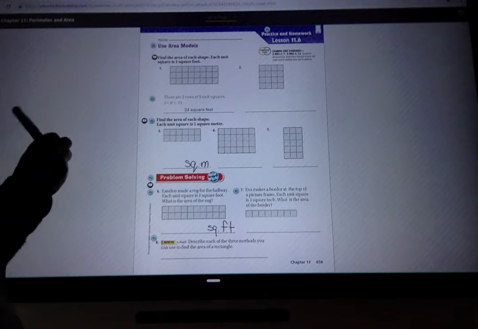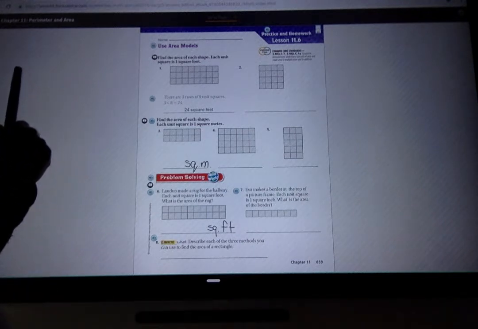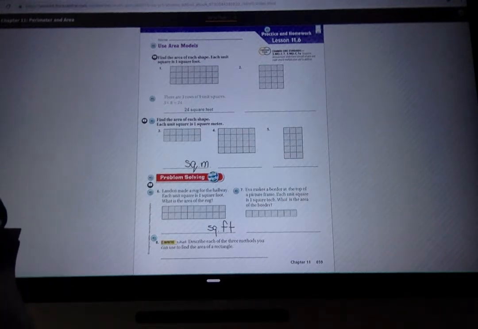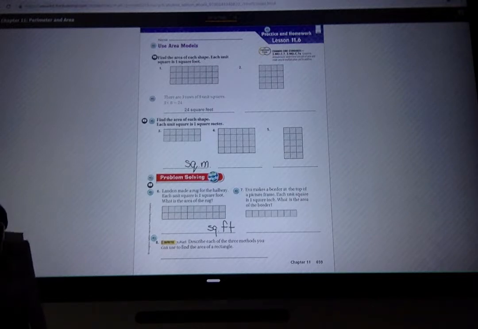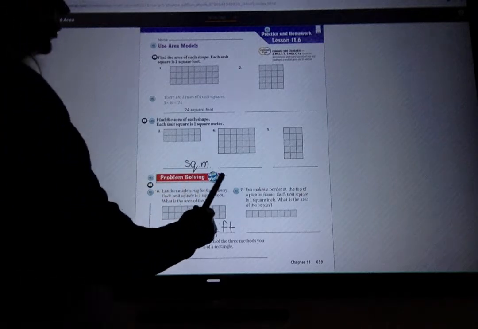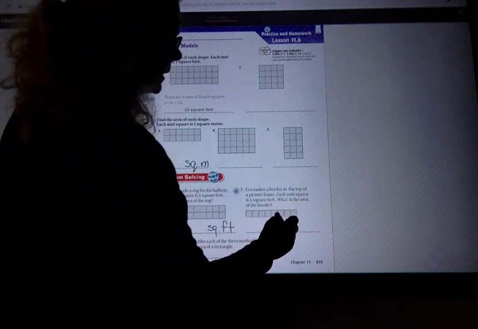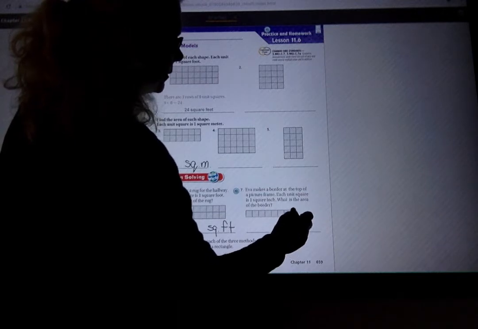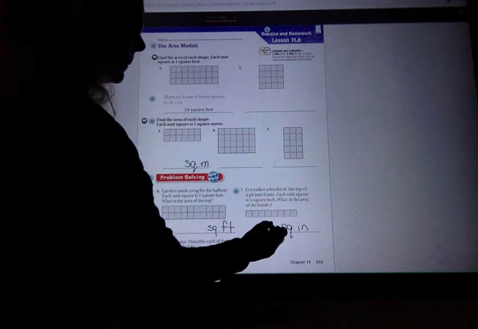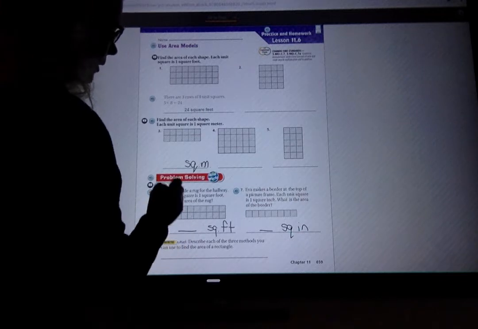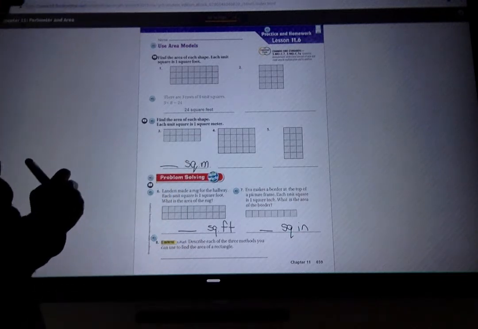Number 7. Ava makes a border at the top of a picture frame. Each unit square is 1 square inch. What is the area of the border? We're going to label that square inches, but you're going to find the number that goes here.